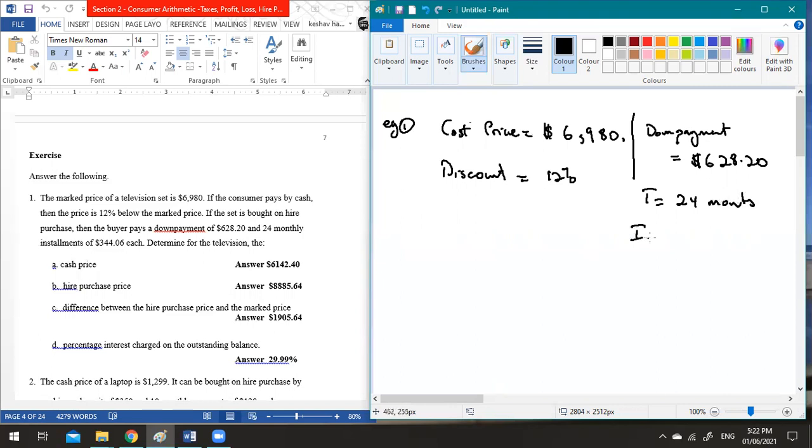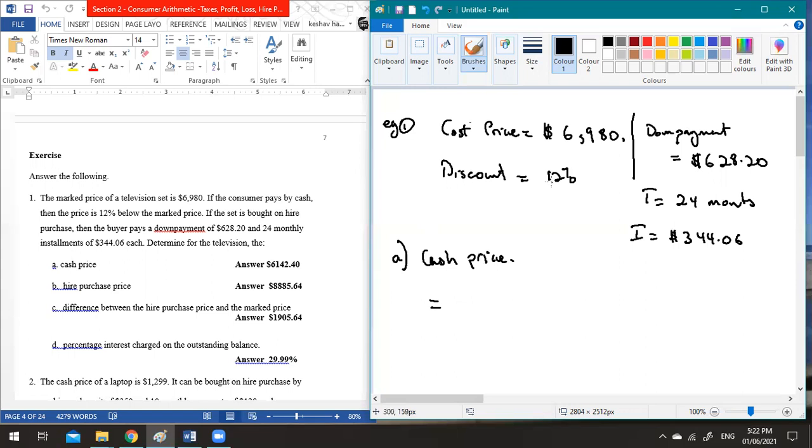And the installments is $344.06. Right? Now they wanted to find what the cash price is. So the cash price. Now the cash price would be the cost price minus the discount. And remember how we did that the last time, right?